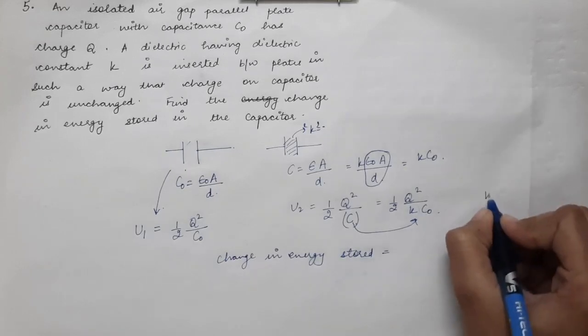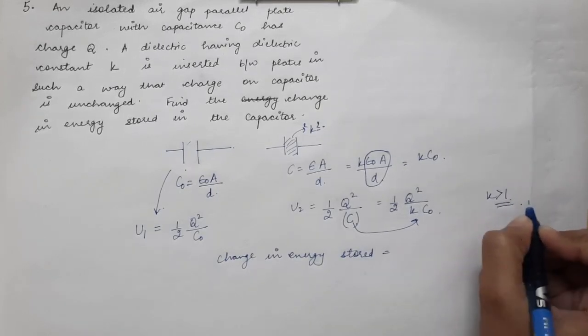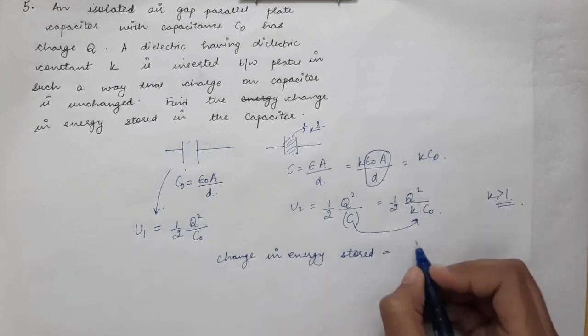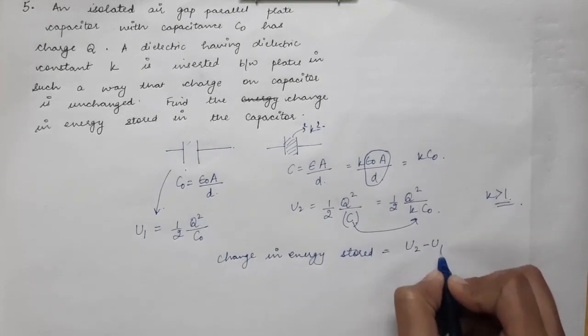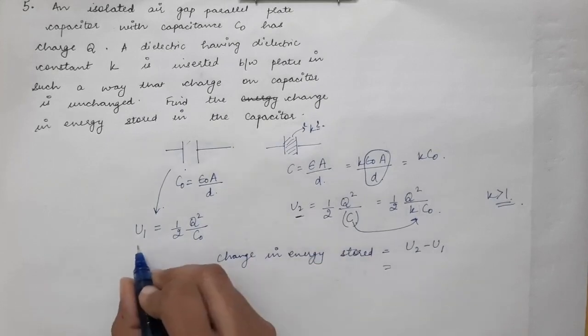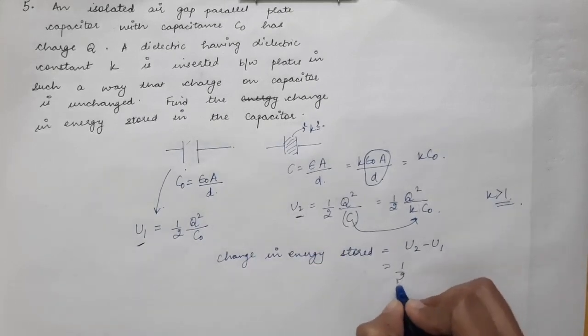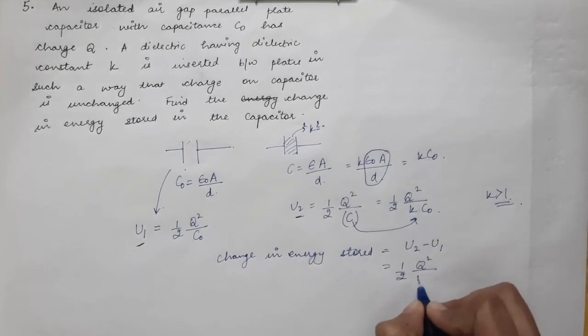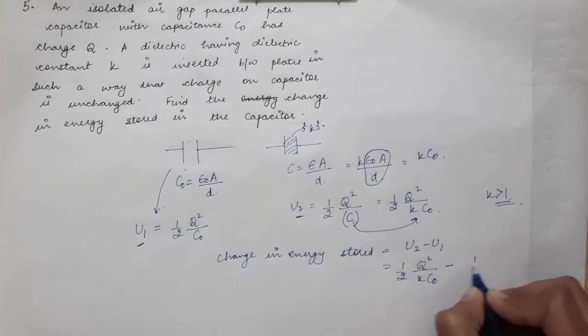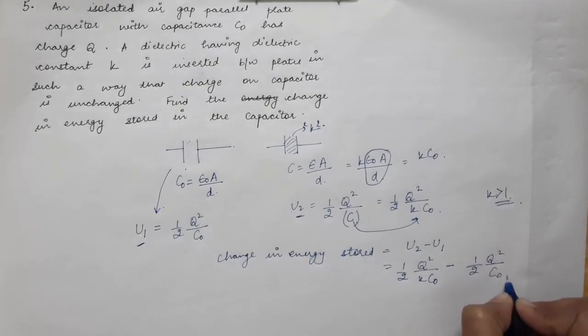And K is always greater than 1. So change in energy stored will be equal to U2 minus U1. So that will be half times Q square divided by K times C0 minus half times Q square divided by C0.